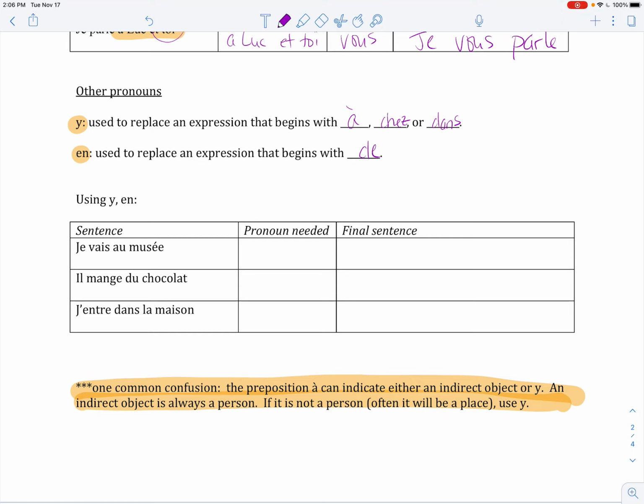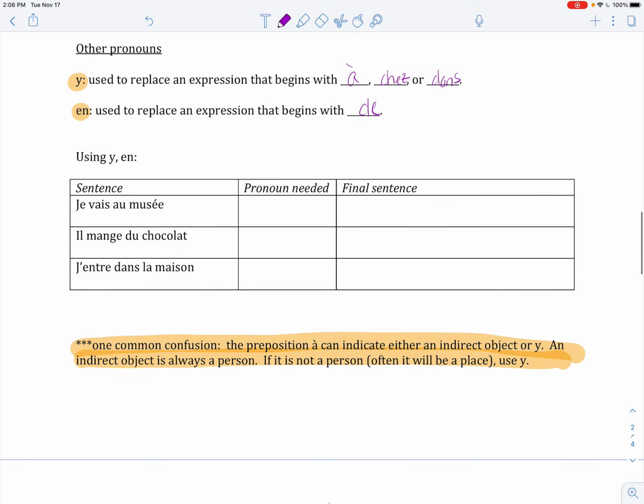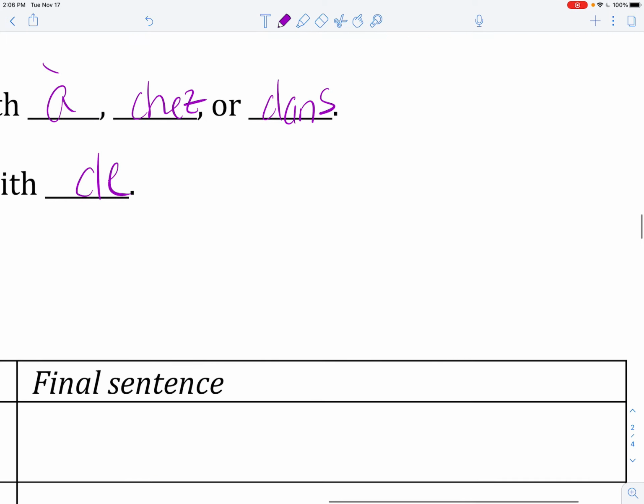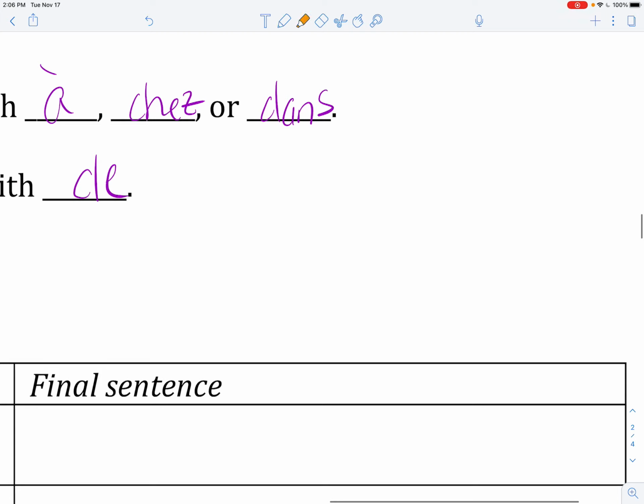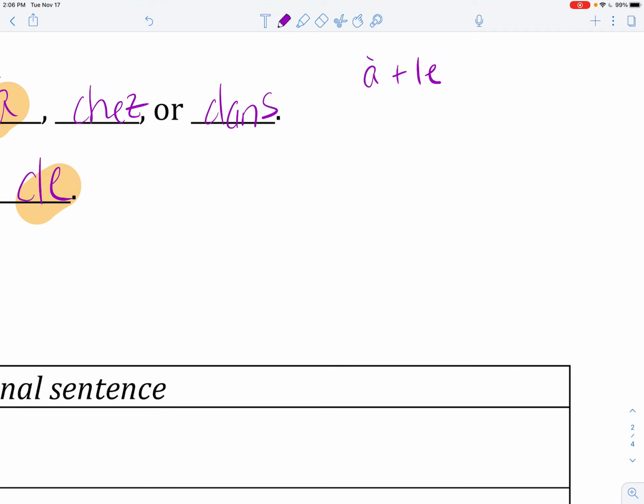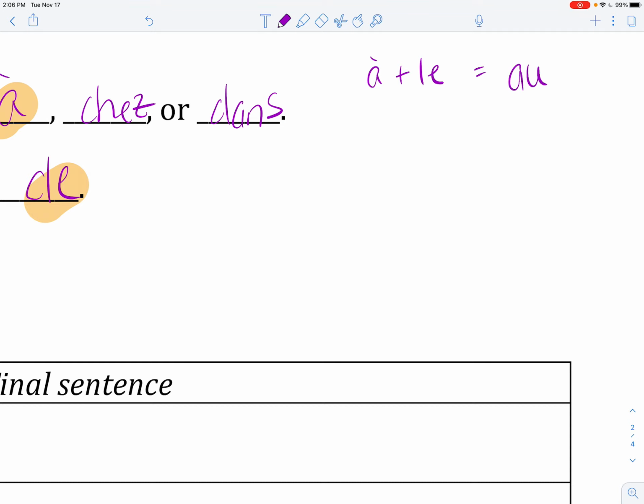Okay, I want to take one minute to explain one more detail that will become important as we work on this. I just want to refresh your memory on the contractions with à and de. I want you to remember that sometimes à forms a contraction. So if you have the article le, you'll see au. À and les is aux.